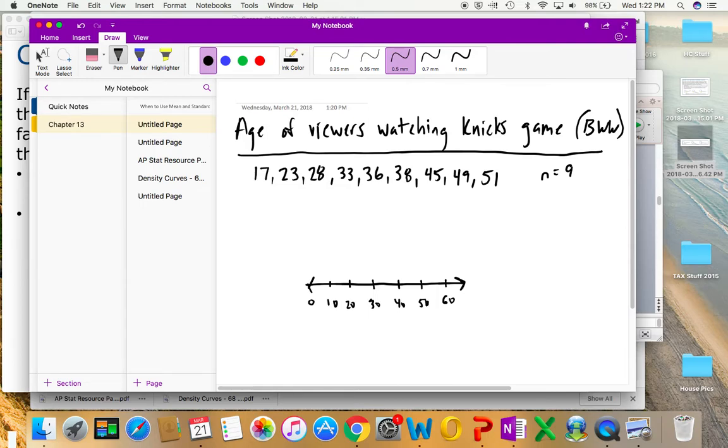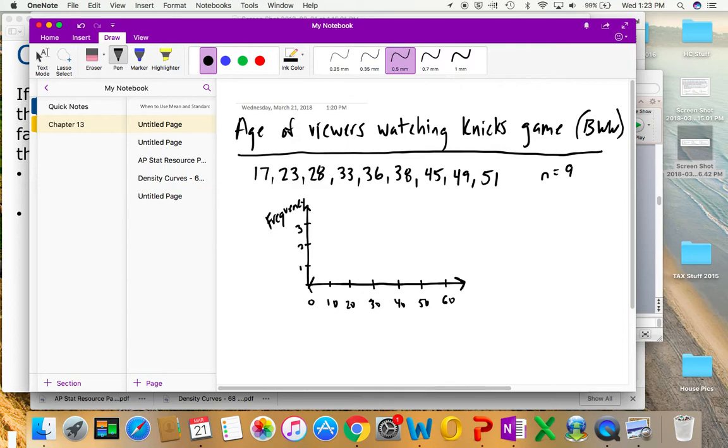Let me make a quick little frequency axis. This will be the number, how many times I see different ages in each class. As I go in the tens, the most I have is 3. So I'm just going to make this a count of 1, a count of 2, and a count of 3.